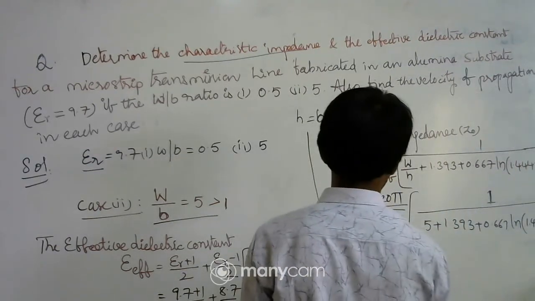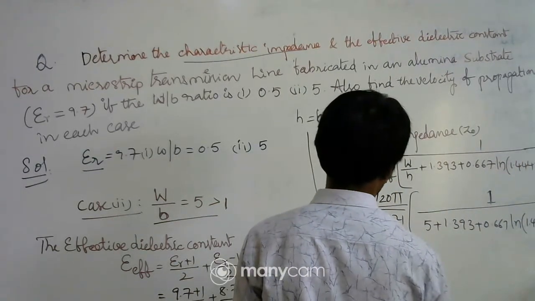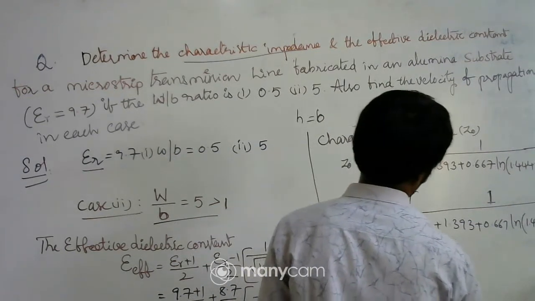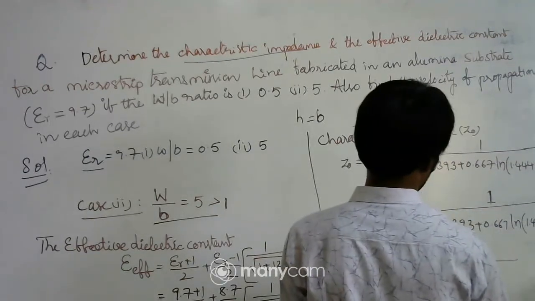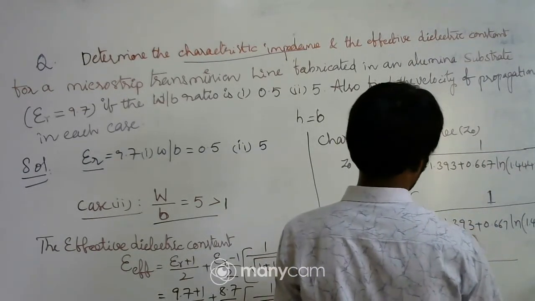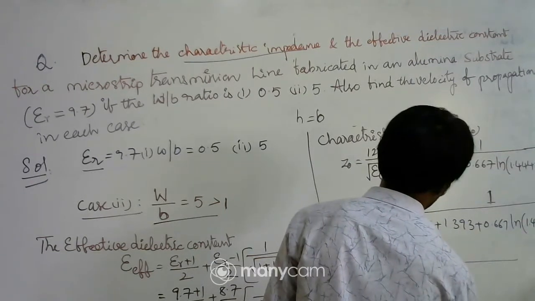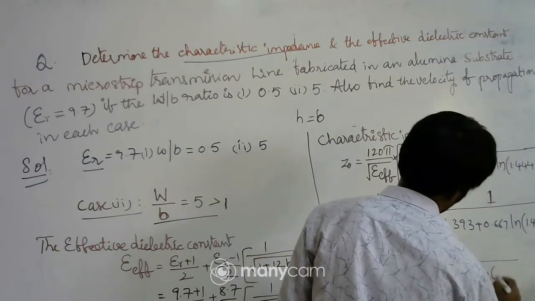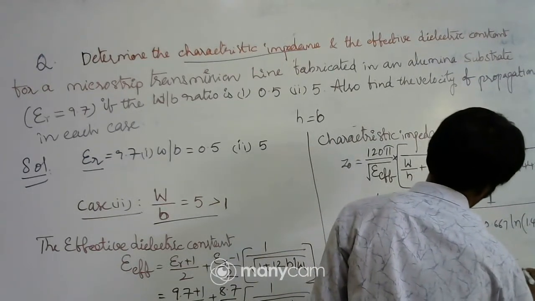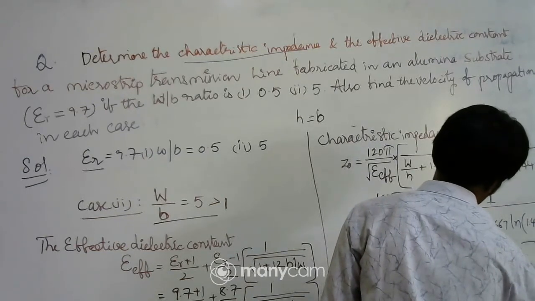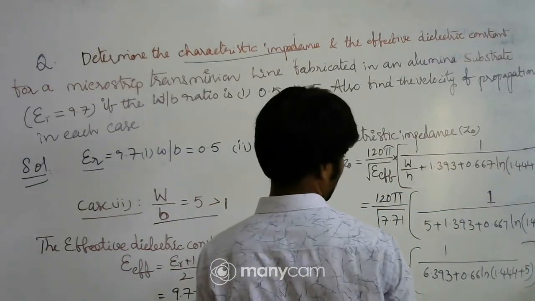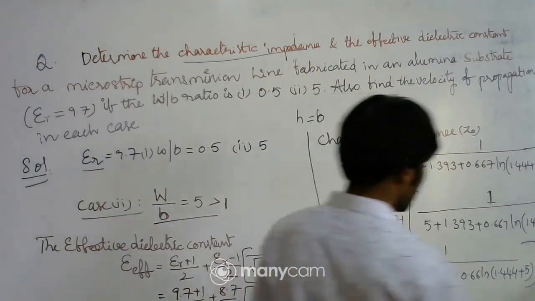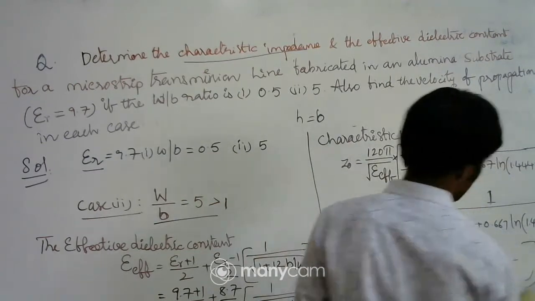Simplify. Step by step we need to simplify. 120 pi by square root 7.71 into 1 by 5, plus 1.393 plus 0.667 ln of 1.444 plus 5, and that comes to 6.44.